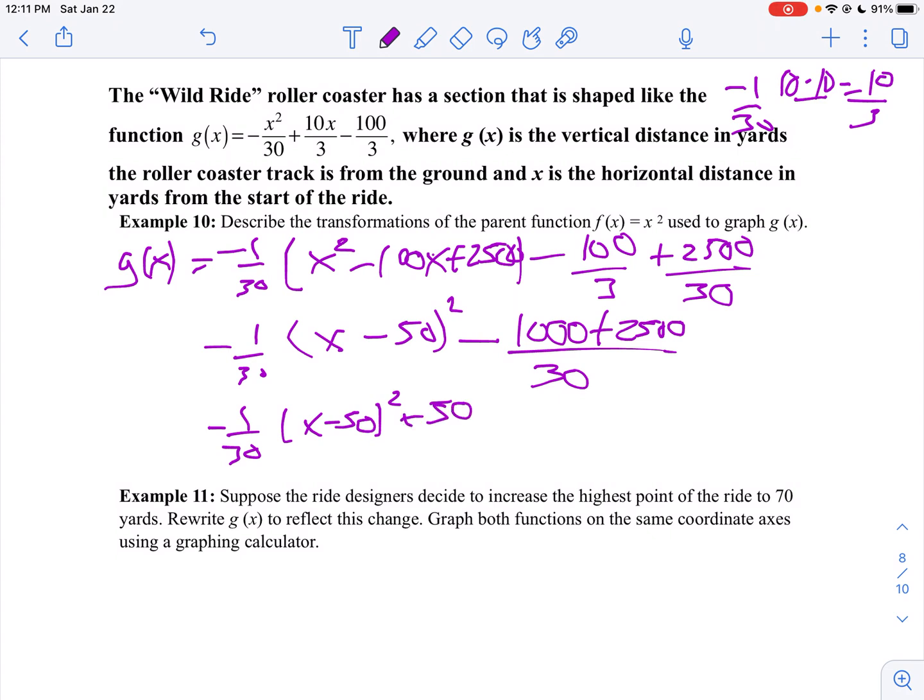So what transformations are going on here? Well, I am going to do a reflection over the x-axis, so it's going to be a sad parabola. I'm going to do a vertical compression by a factor of 30.